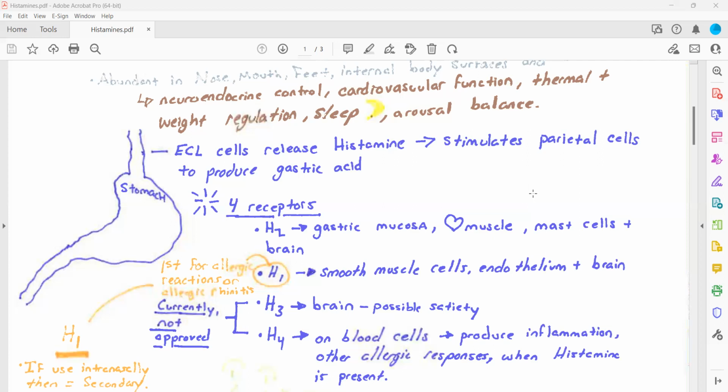Then you have your H2s. Remember we were talking about ranitidine and famotidine. Those are examples of H2 receptor blockers, aka an antihistamine, because it works on the gastric mucosa. It also works on cardiac or heart muscle, and of course mast cells and the brain.